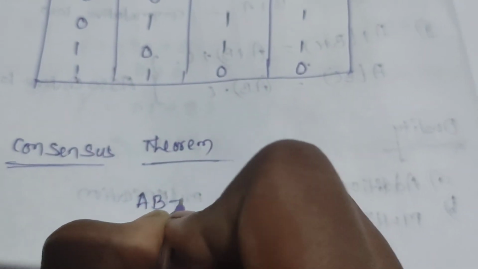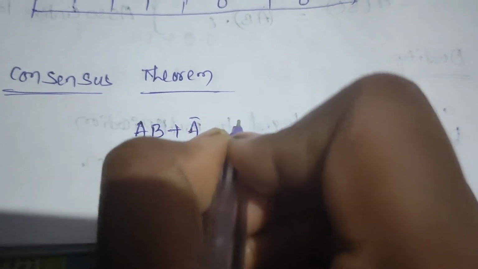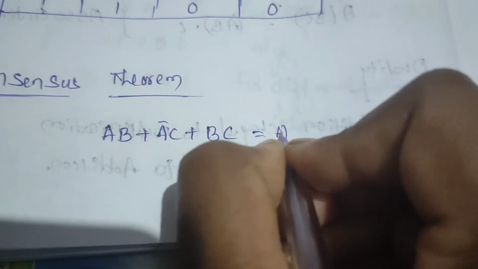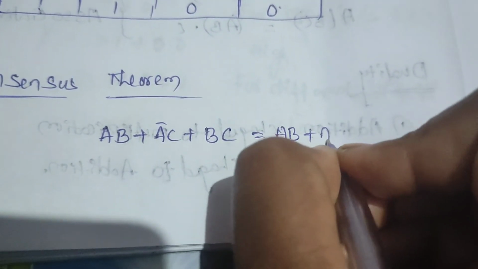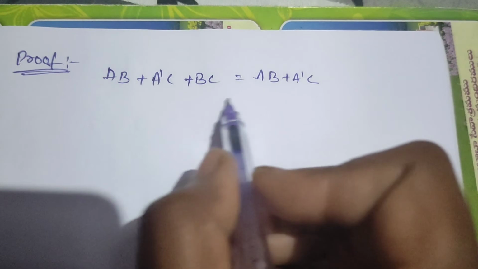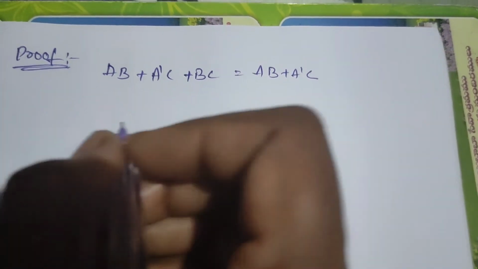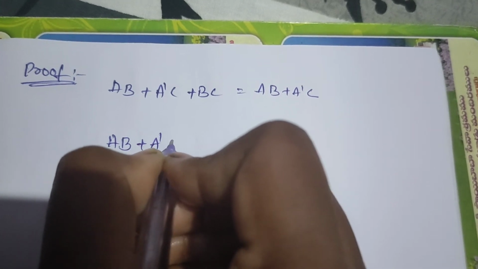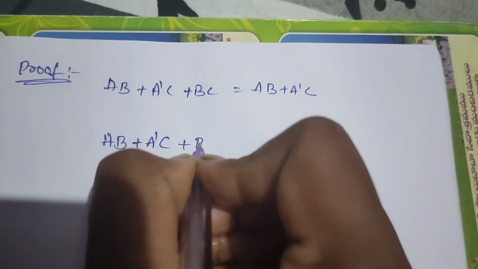In this theorem, the equation AB plus A bar C plus BC is equal to AB plus A bar C. Proof of this consensus theorem: we take AB plus A bar C plus BC.